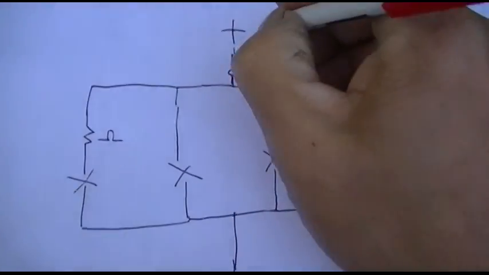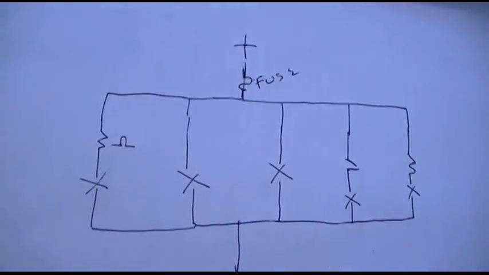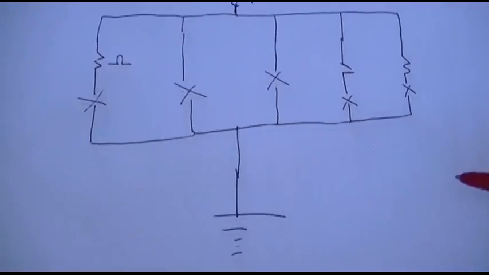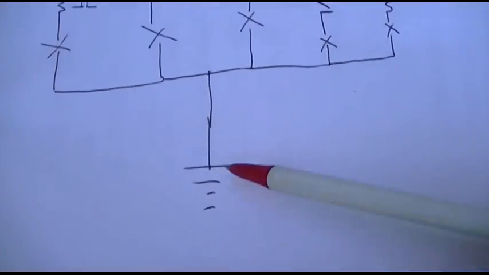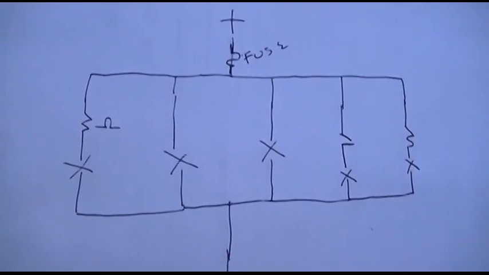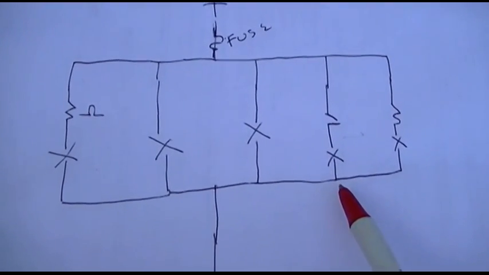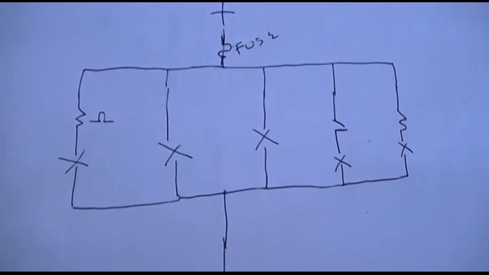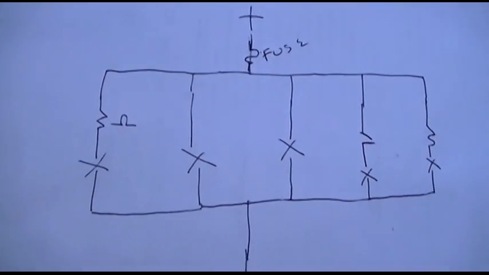So this here is our fuse right here, and this is our positive, and this is our negative. This could be line, this could be neutral, and you have your loads here. Now let's say the symptom is, it keeps blowing this fuse. Let's say it's a car.